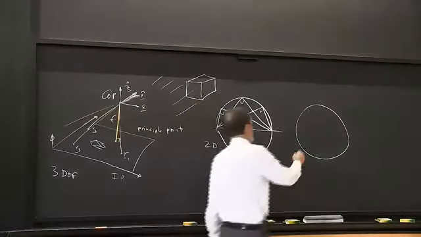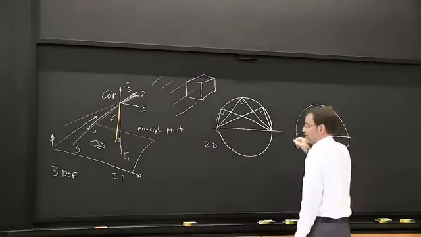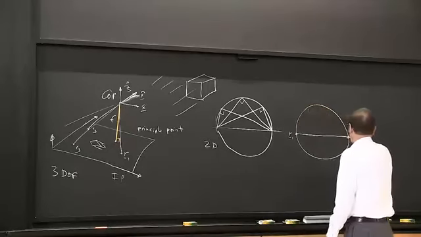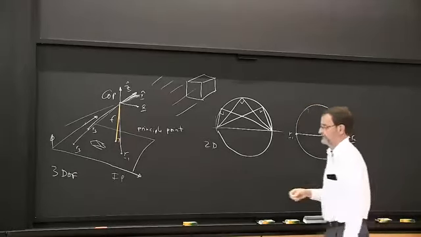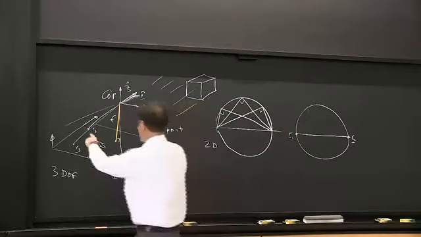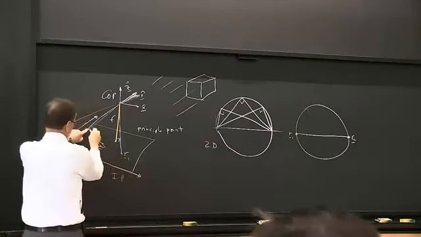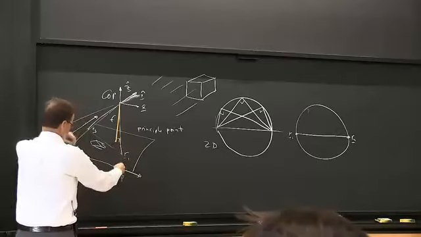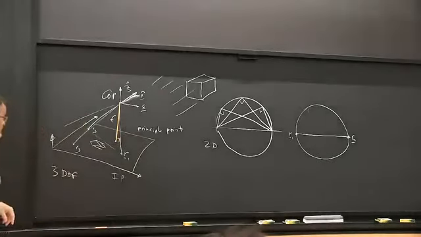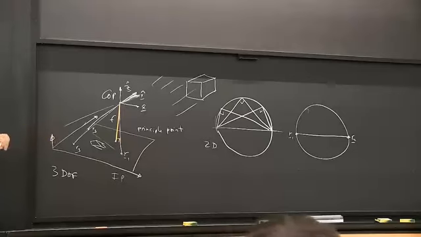Well, for a start, it lies on the sphere where R1 is one end of the diameter and R2 is the other end of the diameter. So I can imagine that we draw a sphere with R1 and R2 as the diameter, and so it goes above and below the image plane, and the center of projection must lie on that.